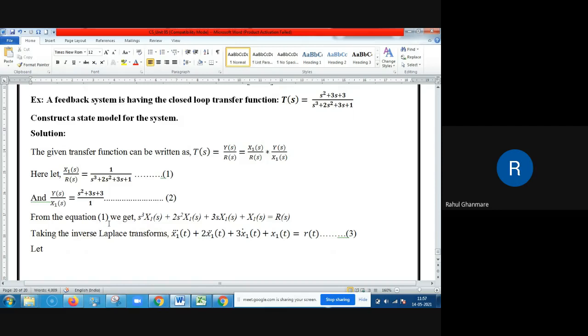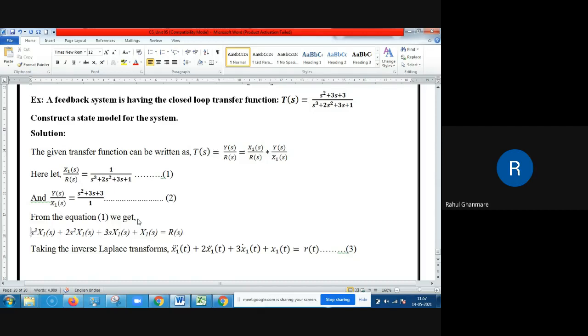Now we consider equation 1. From this equation, we just cross multiply. So this term multiplies with this one, and you can write it in this way also.